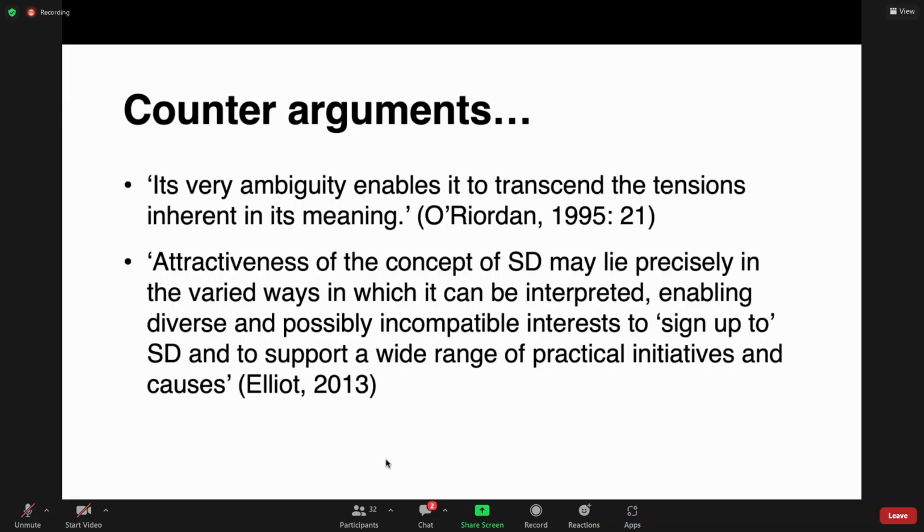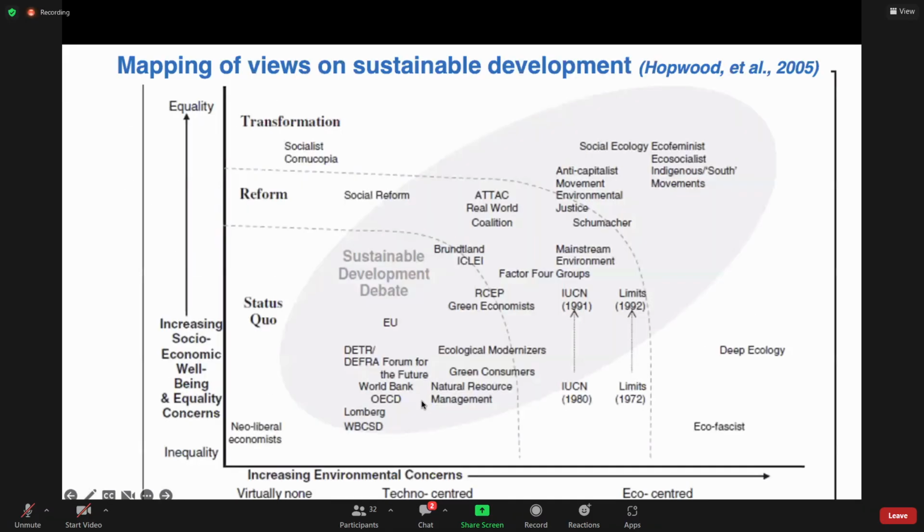So there are both advantages and disadvantages associated with this vagueness.